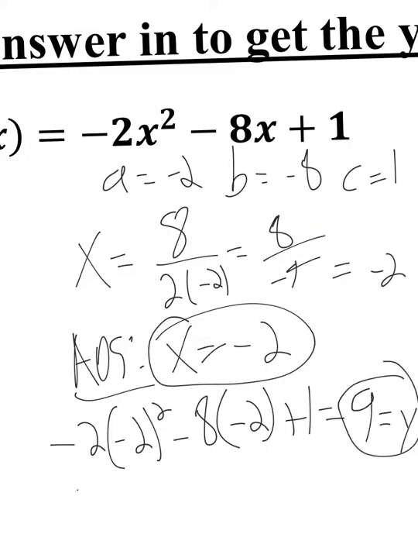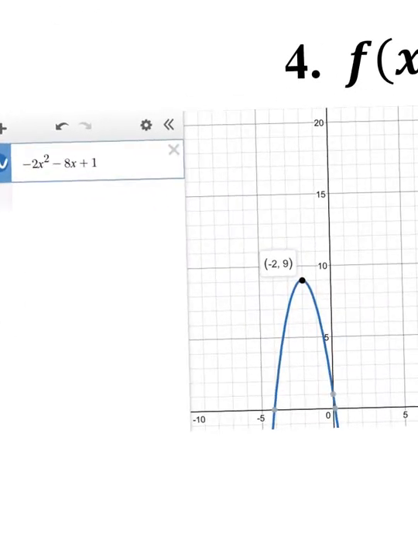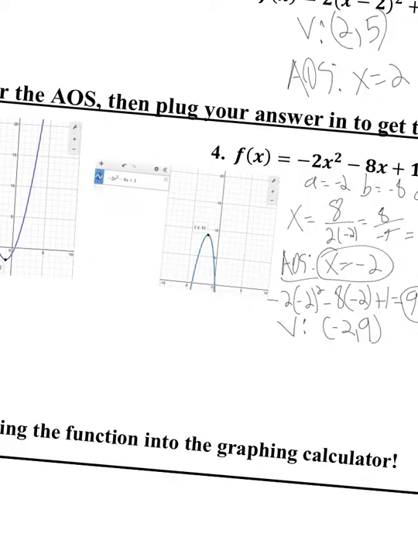So your vertex is at negative 2, comma 9. Let's look at the graph to double check. And so here's my graph of the function. There's my vertex clearly at negative 2, comma 9, which is what we got by hand.